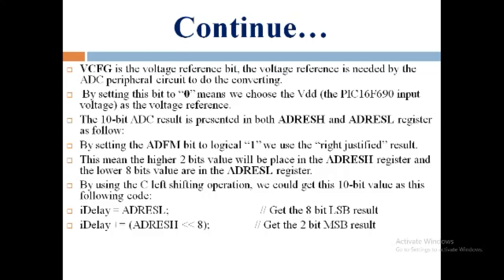By setting the ADFM bit to logical 1, we use the right justified result. This means the higher 2 bits are placed in the ADRESH register and the lower 8 bits are in the ADRESL register.